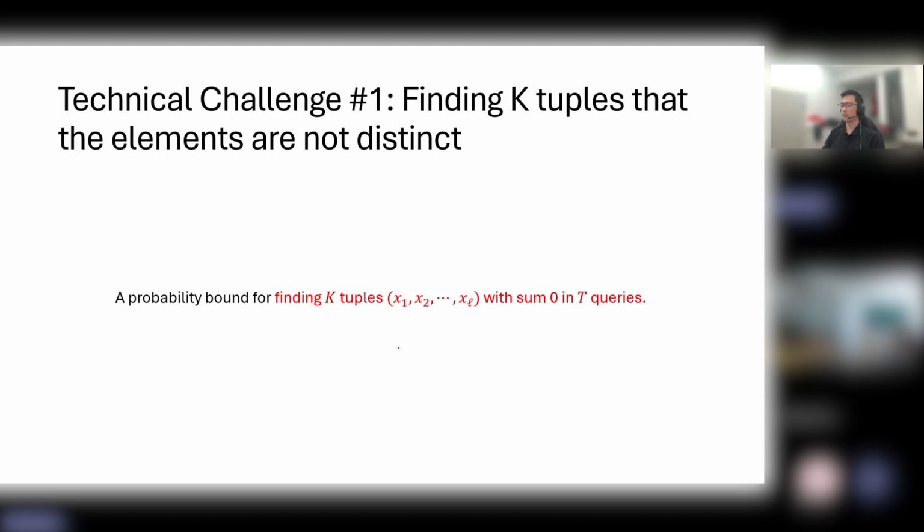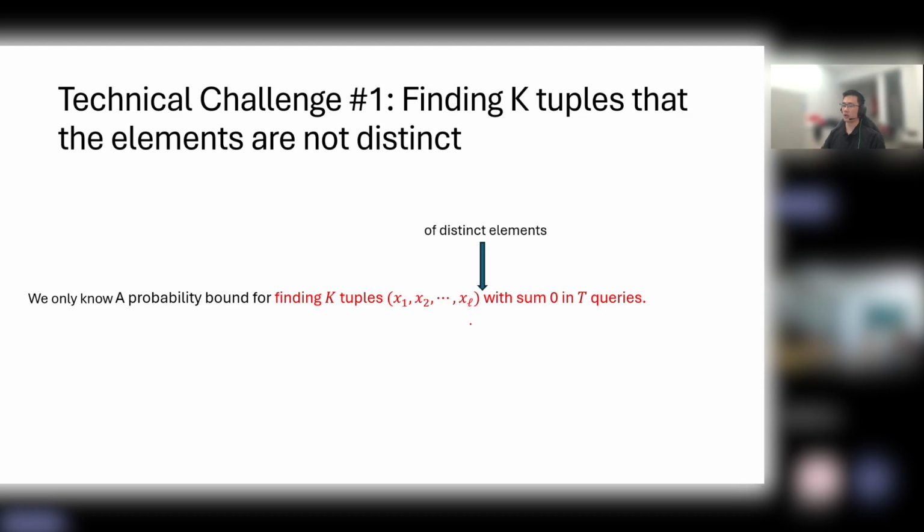In the k collision problem, it's a bound for finding k distinct collisions, where distinct acts on all the inputs. Here, we don't require this to be distinct. So two tuples can intersect on their elements. This makes the proof much harder.